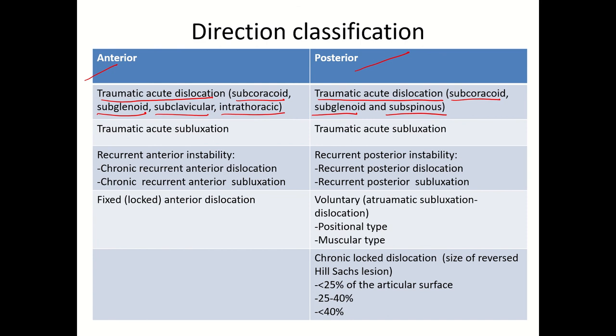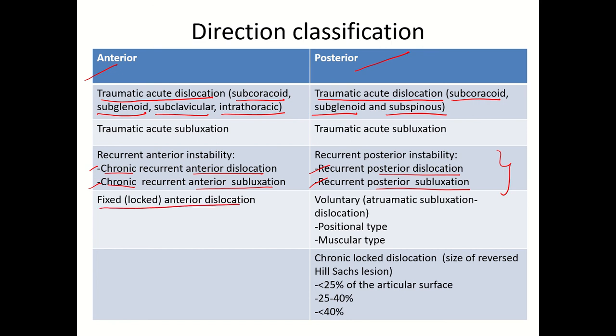Recurrent anterior instability is due to chronic recurrent anterior dislocation and chronic recurrent anterior subluxation. In recurrent posterior instability, recurrent posterior dislocation and recurrent posterior subluxation is the cause. Here in anterior, the main thing is chronic, but in posterior, chronicity is missing.